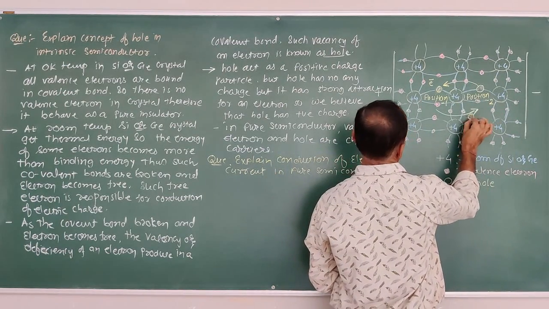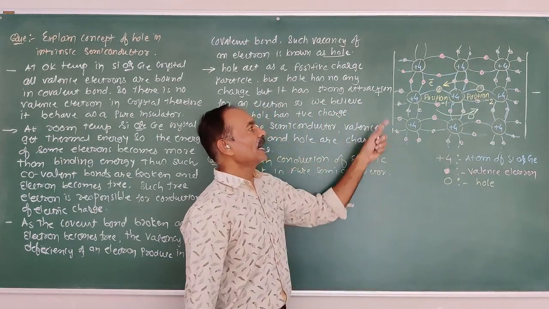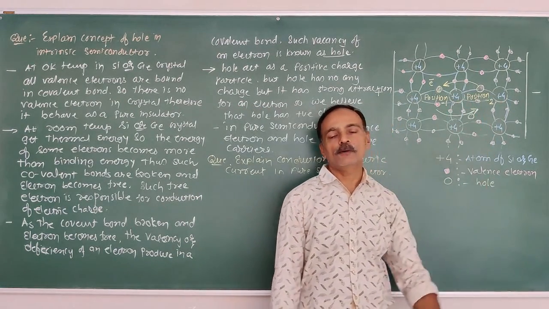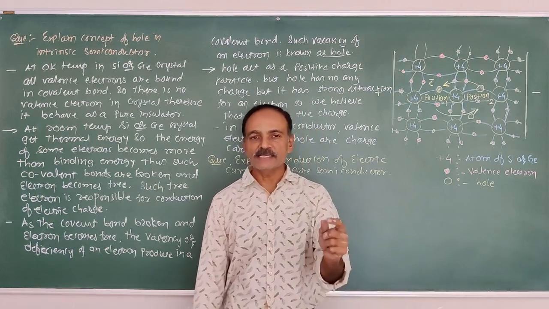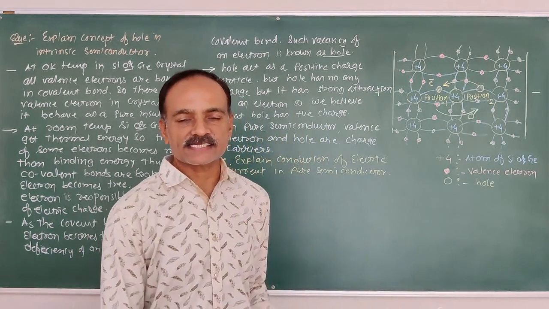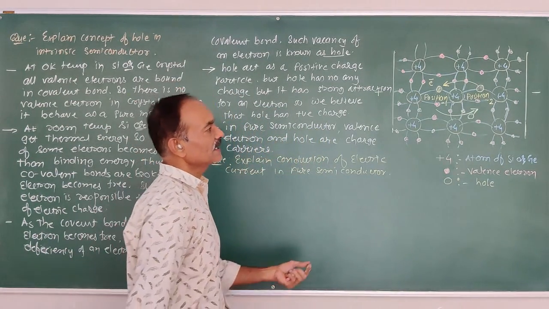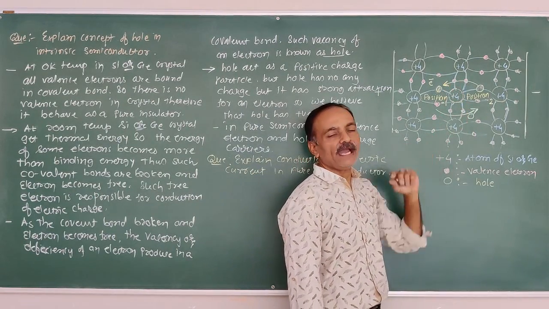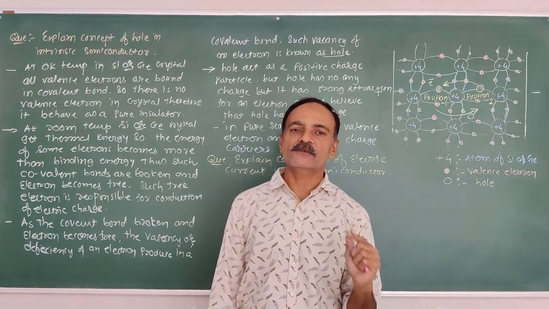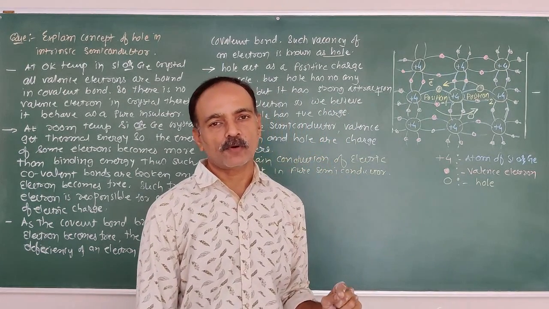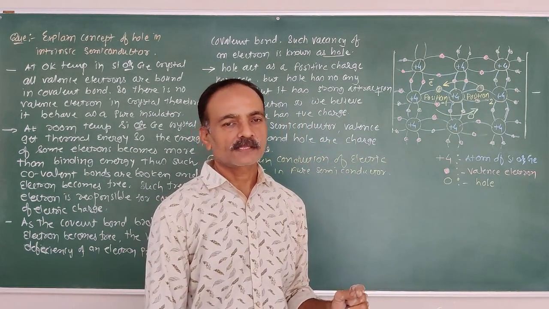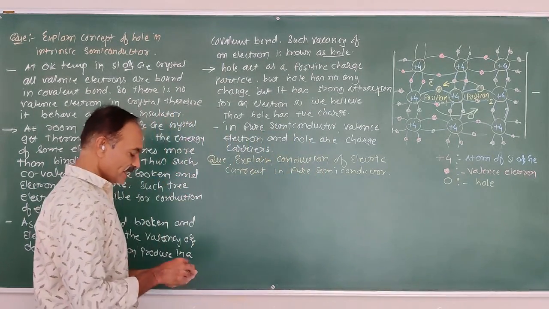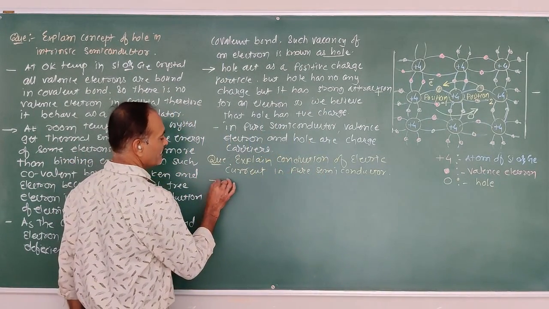Holes are moving in this direction, that means from higher potential to lower potential. Thus, in pure semiconductor, the conduction of electric charge takes place due to the motion of the free electron and bound electron. That means the motion of a hole. Right?